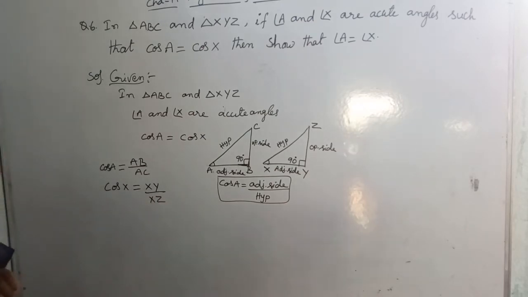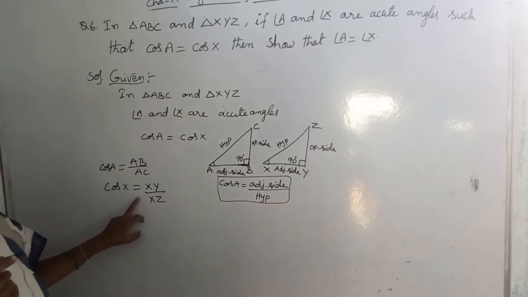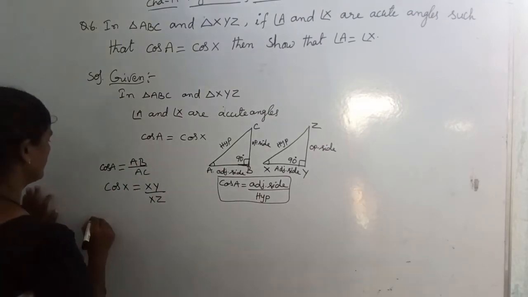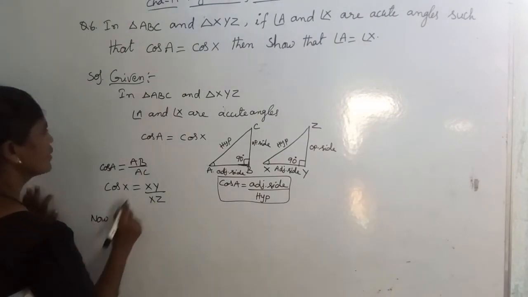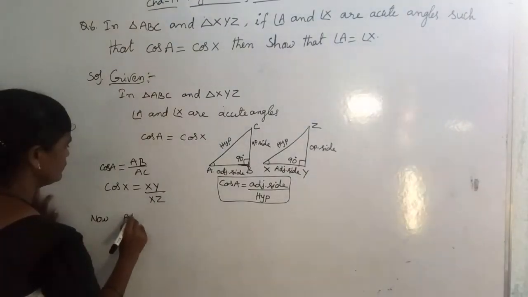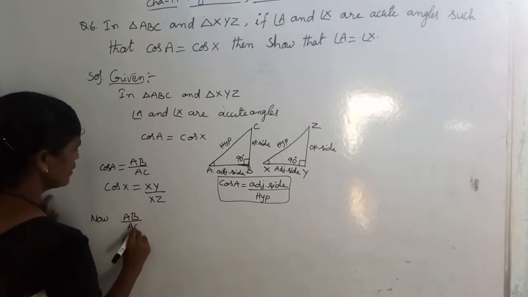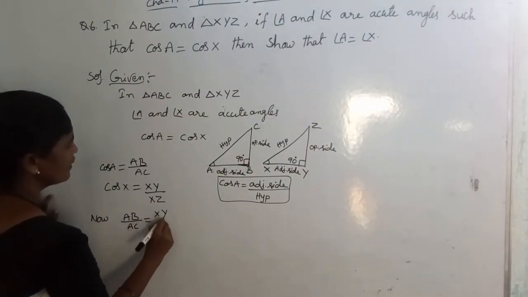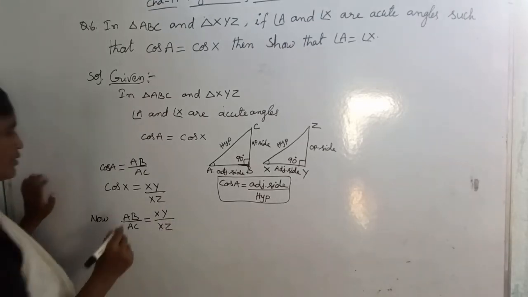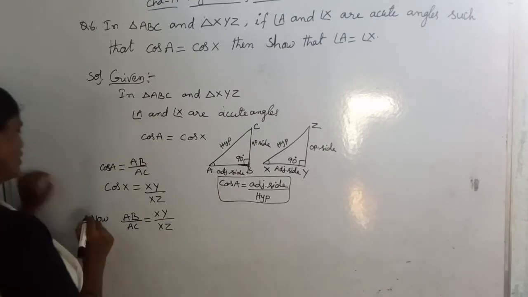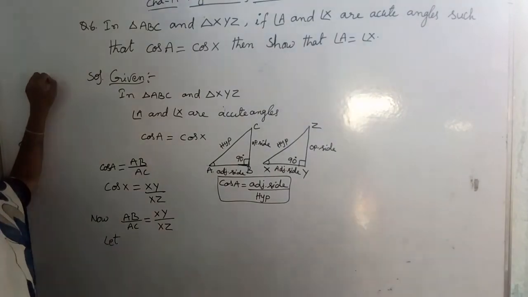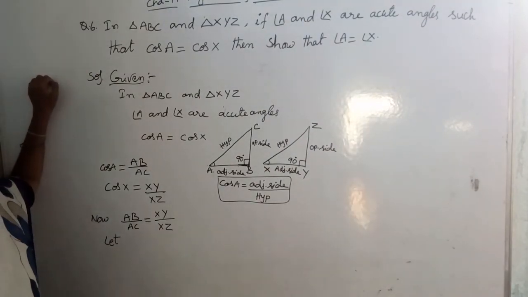Now cos A is equal to cos X they have given, then AB by AC is equal to XY by XZ. We can write now. Let any one constant value, K I am taking here.